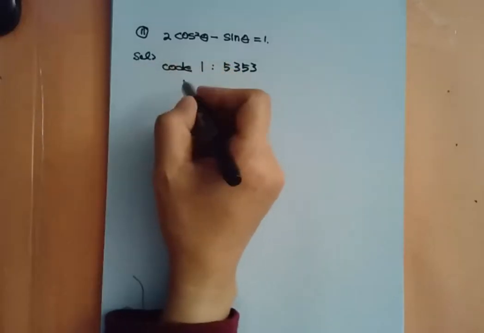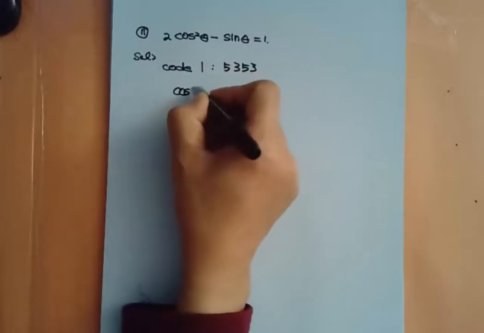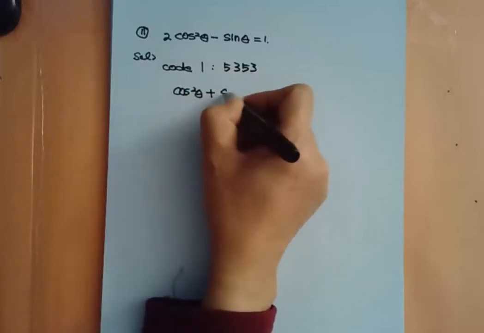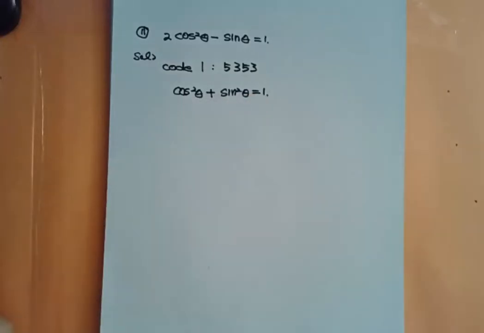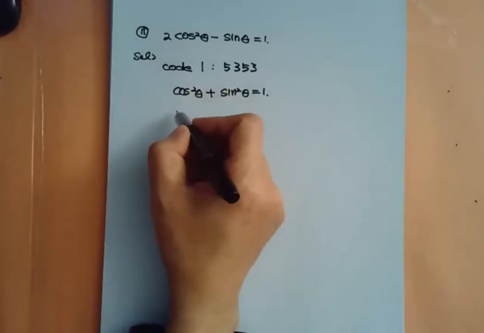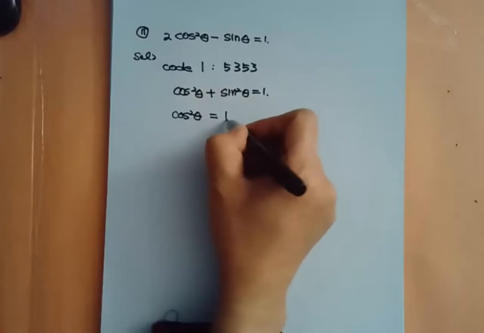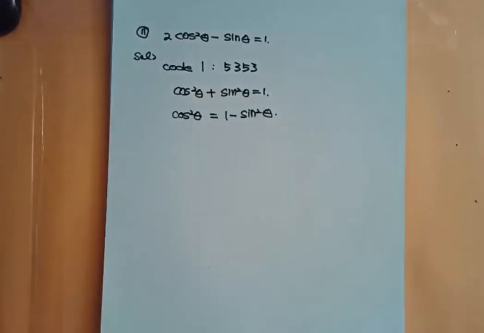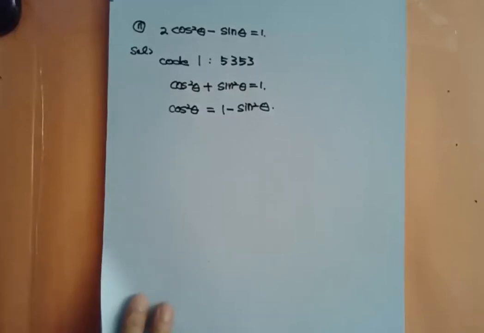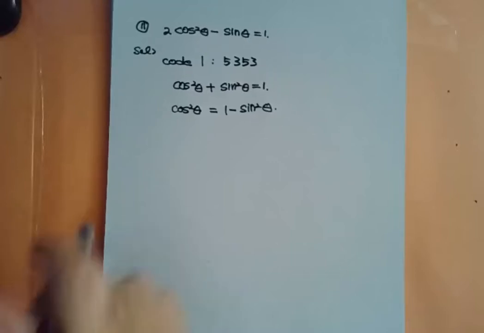We use the Pythagorean formula: cosine squared theta plus sine squared theta equals 1. Then cosine squared theta equals 1 minus sine squared theta. So we will replace cosine squared theta by 1 minus sine squared theta.